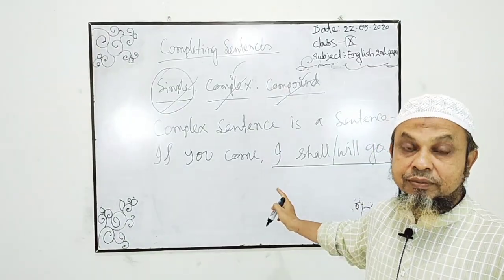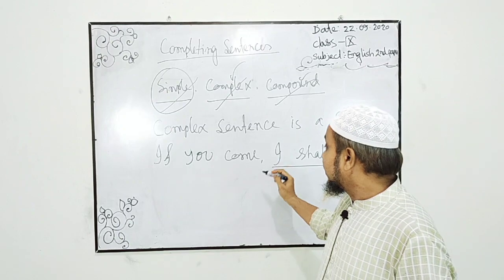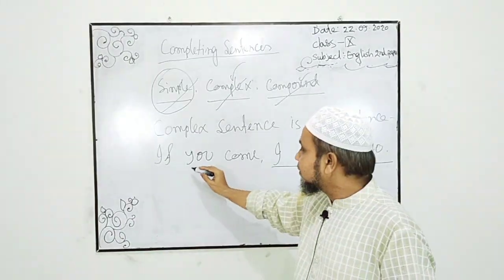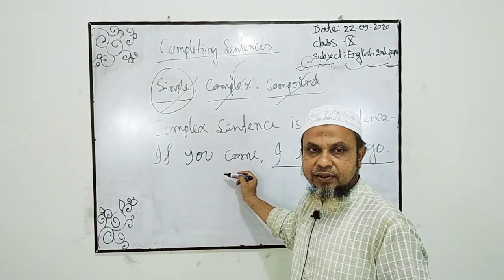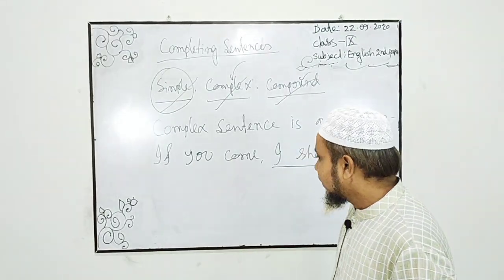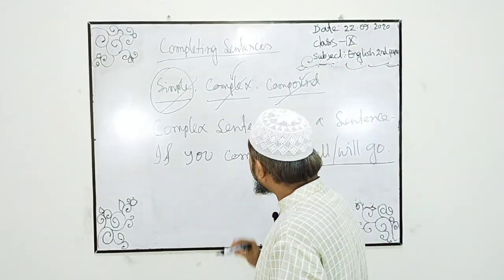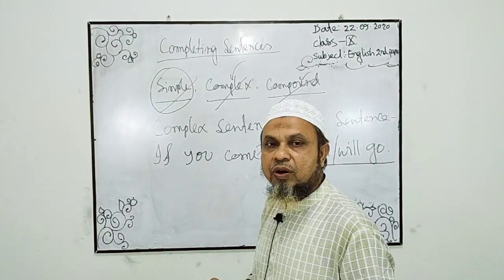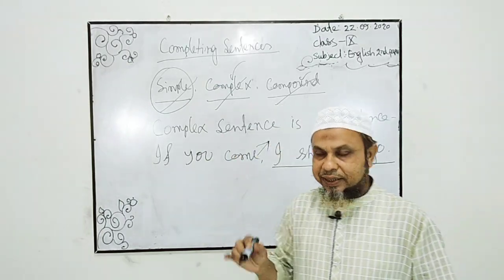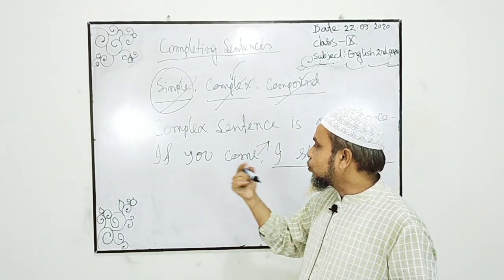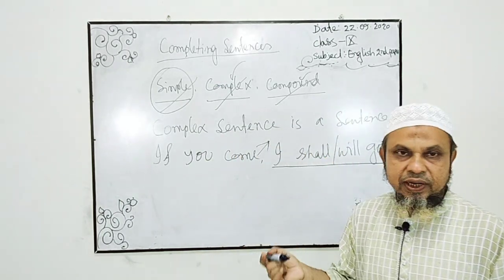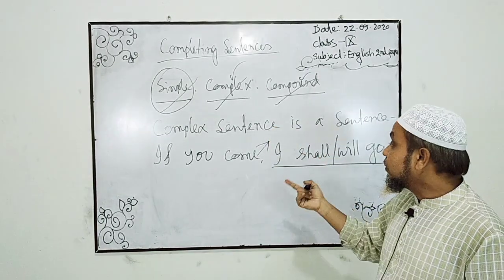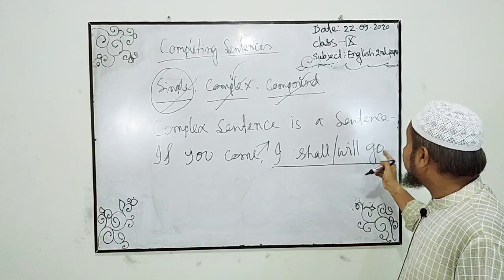It is a principal clause because it can express one's feeling without the help of the other clause. But if we say "if you come," then our feeling remains incomplete. As a result, to express our feeling fully, we need to use "I shall or will go."